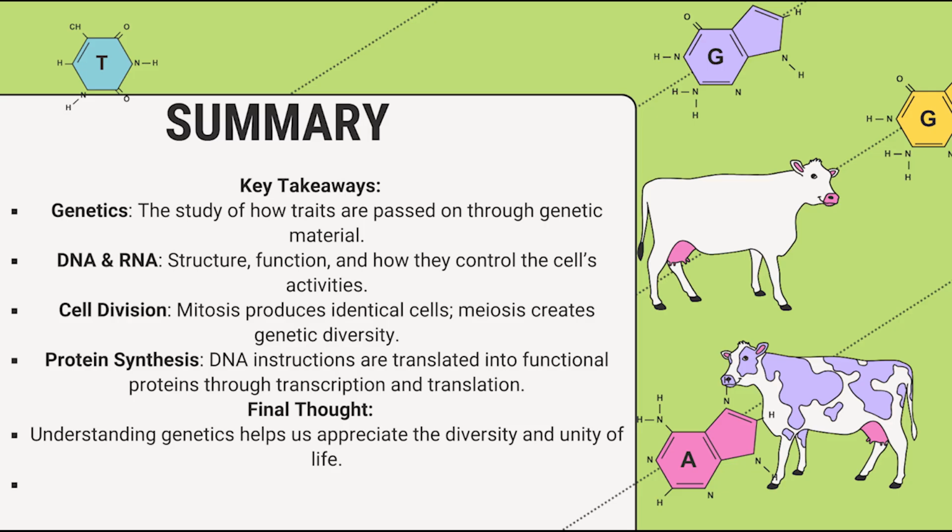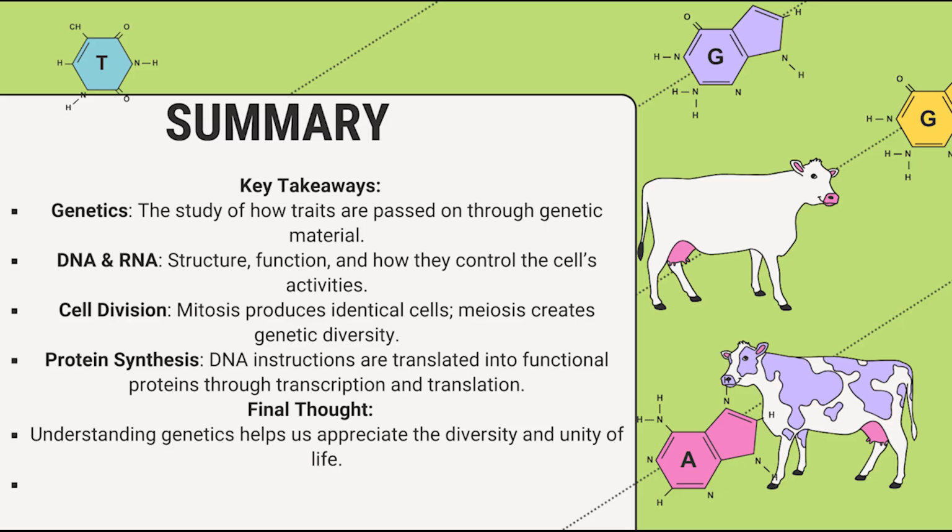To summarize today's lesson on genetics, genetics is the study of heredity and how traits are passed from parents to offspring. DNA, with its double helix structure, stores our genetic information, while RNA plays a key role in protein synthesis.